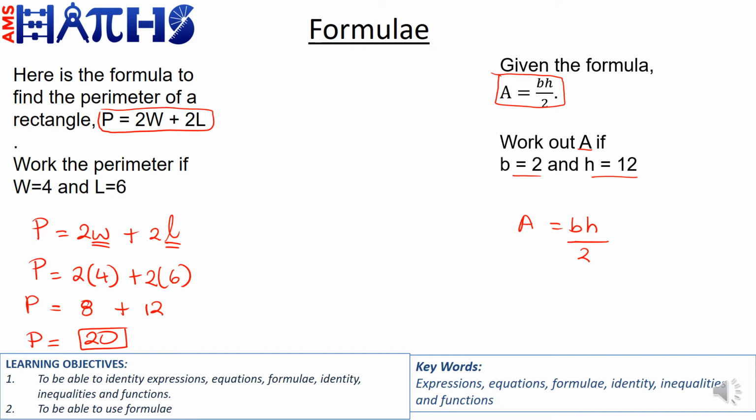We've been given B, we've been given H, and so that will help us to find A, as they've asked us to work out A. So A is equal to B, they said B is 2, so it's B times H, which is 12. BH means B times H, and then we need to divide by 2. Now A is equal to 2 times 12, which is 24, and 24 divided by 2 will give us 12. So the value of A is 12.